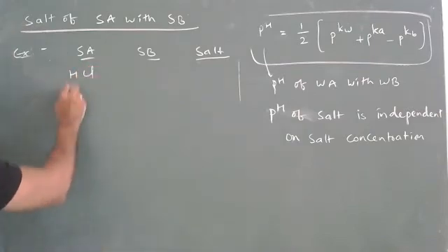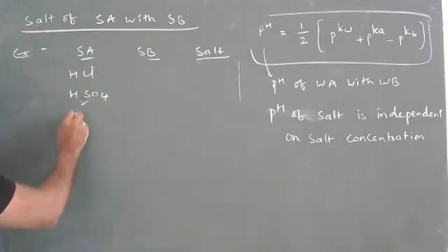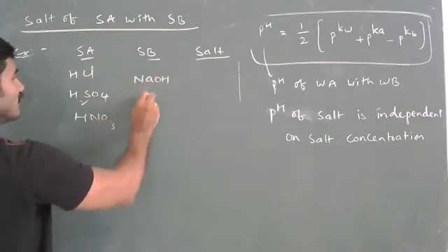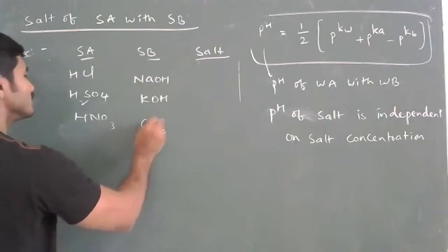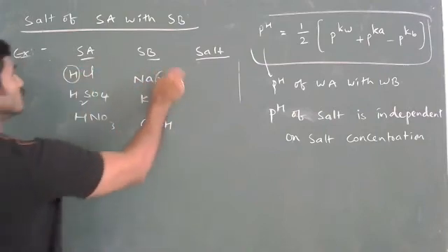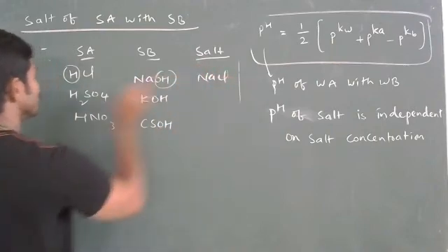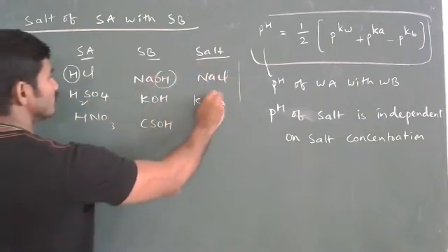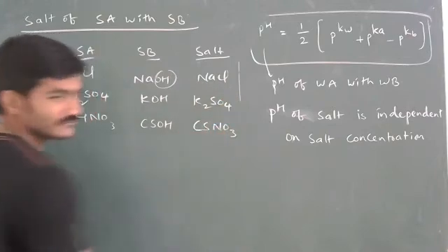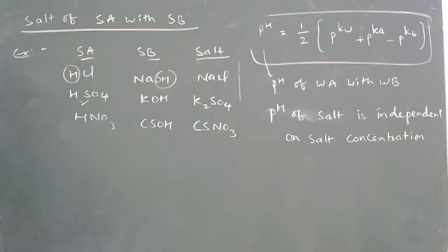Strong acids: HCl, H2SO4, HNO3. Strong bases: NaOH, KOH, and cesium hydroxide. So salts are NaCl, K2SO4, and cesium nitrate. So all these are different types of salts.